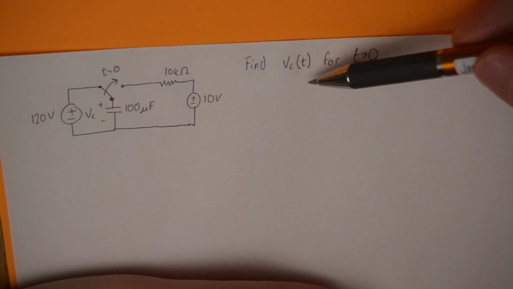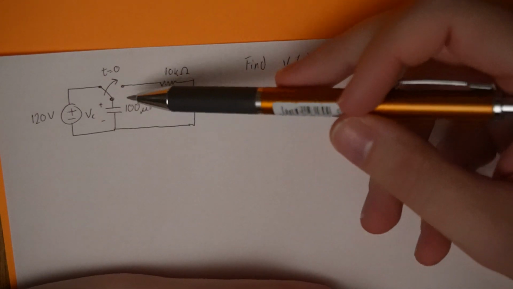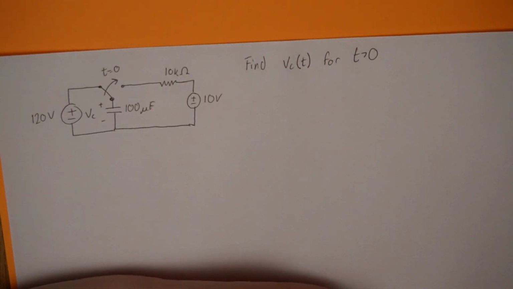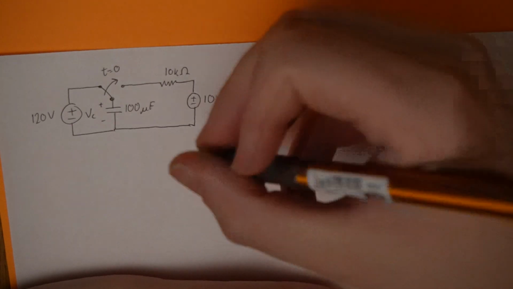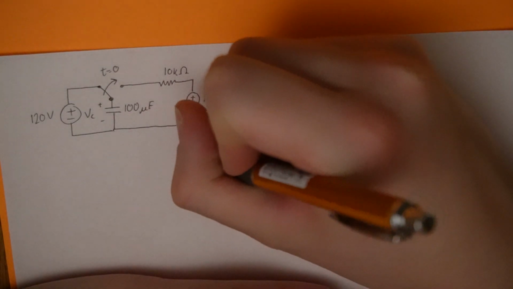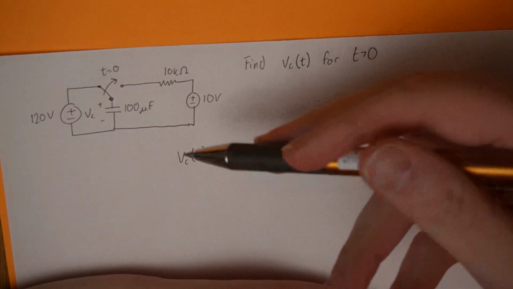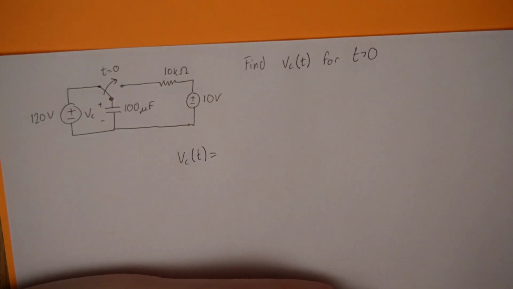Now, because the voltage we're looking for is the voltage across our energy storage component, we can use the equation that we would have learned in lecture, or that I have over here. I'll make sure I write it down correctly. So VC at t, and in a problem like this, it'll follow this basic form.